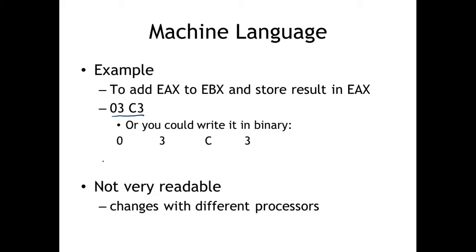You could also write that in binary, in which case each one of these hex digits is 4 bits, so we could write that all out. Right, and that would be the same instruction. That would be the binary to say add EBX to EAX and store the result in EAX.